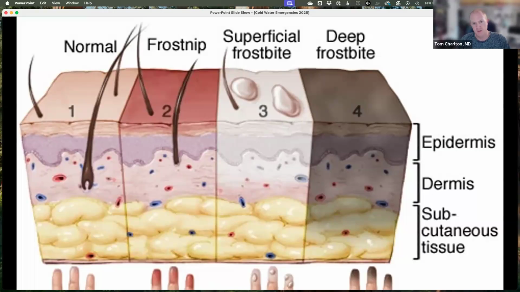Then we get into superficial frostbite, which is more like those partial thickness burns, where it's now involving the deeper tissues of the skin, but we haven't quite gotten into the fat. And then deep frostbite is that third degree burn. This is where we've got full thickness of the skin, now including some of the tissue below the skin that's now getting frozen and damaged.